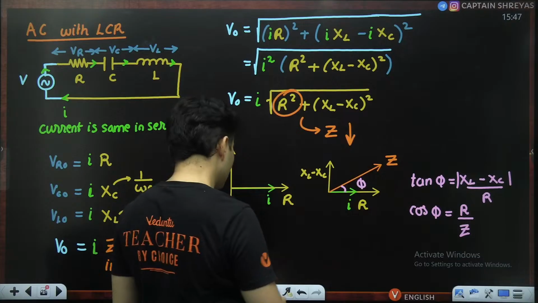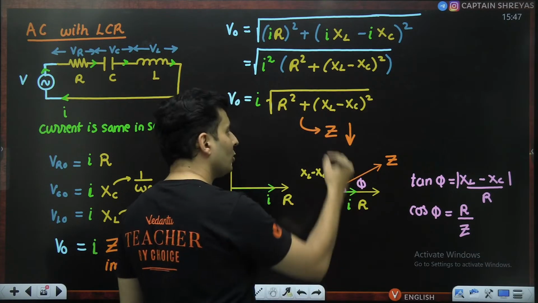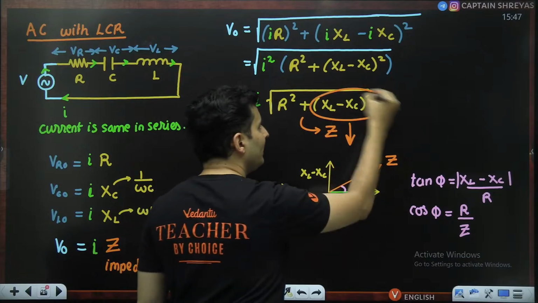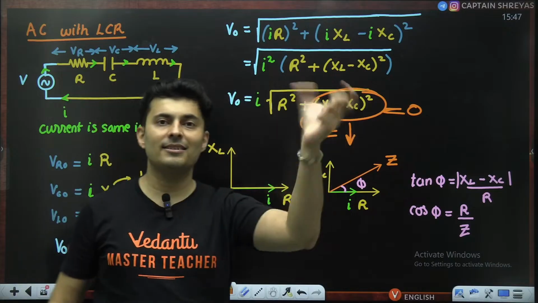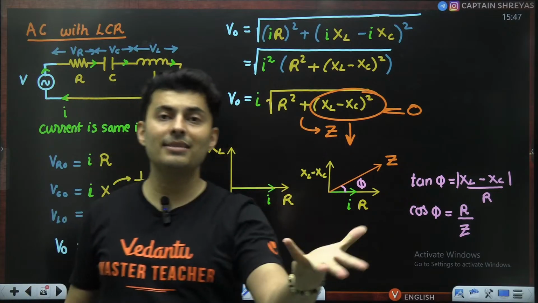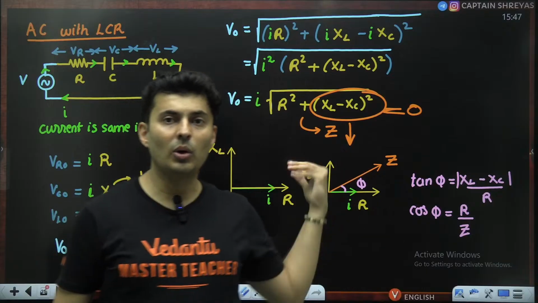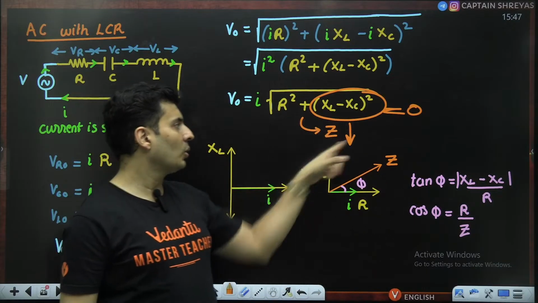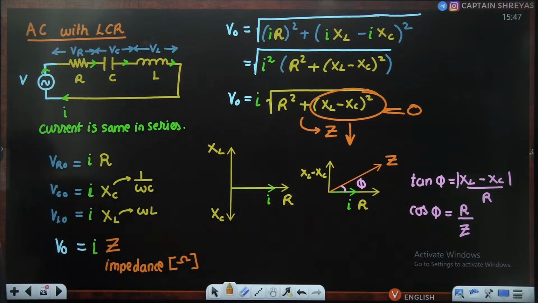I can't change this, but something is added over here. So, to keep this minimum, shouldn't this be actually 0? XL minus XC, if it is 0, then I'm adding 0 to it. That's the smallest number which I can add, that is 0 to R square. So then the total value of Z will be the least. Yes or no? Everybody with me?